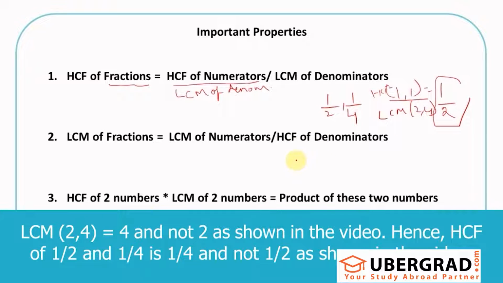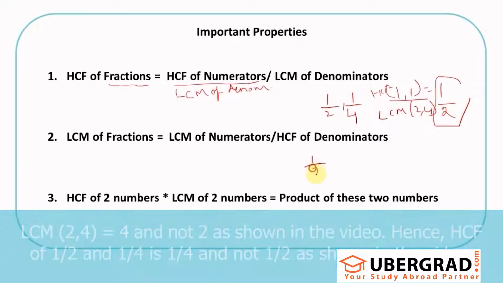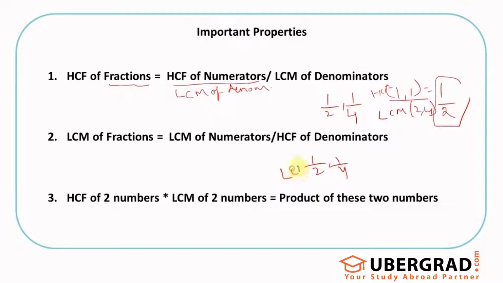If I'm trying to find the LCM of 1 by 2 and 1 by 4, first I'll take the LCM of the numerators. LCM of 1 comma 1 is 1, the least common multiple.